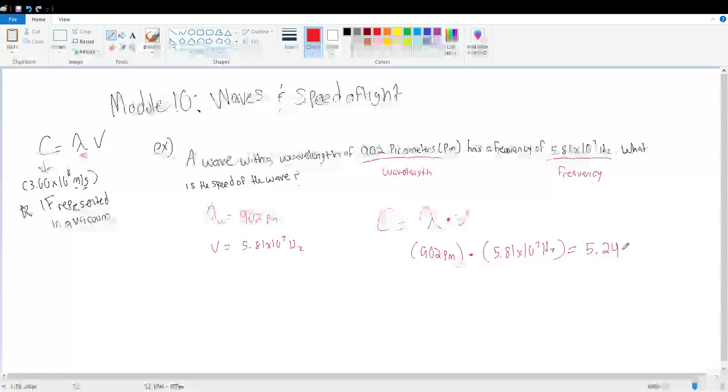5.24 times 10 to the 10th picometers per second, but we want it in meters per second. So what we need to do is we need to convert.